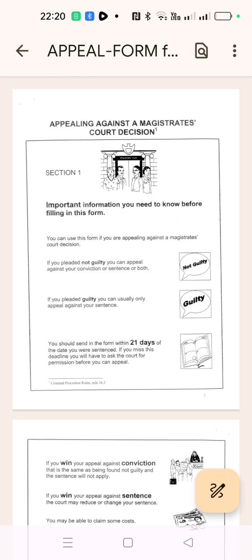And my case was already referred to a higher court. We've got evidence now that magistrates' courts in local jurisdictions are not meant to be handling it.